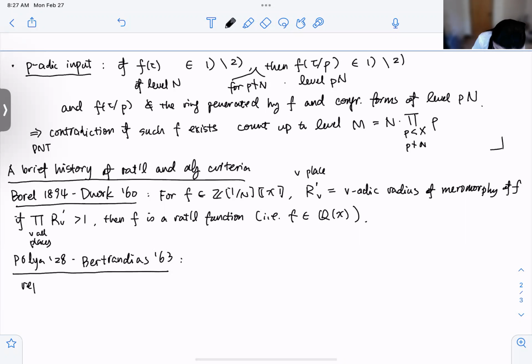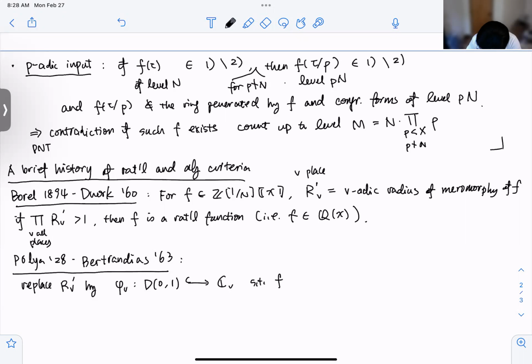They consider replacing R_v prime by the following: we consider phi_v to be a map from a disk to C_v, an injective map, such that F is a meromorphic function on the image of phi_v.